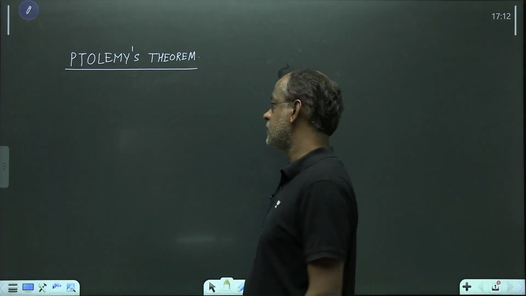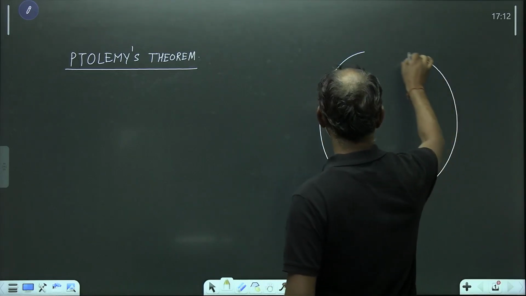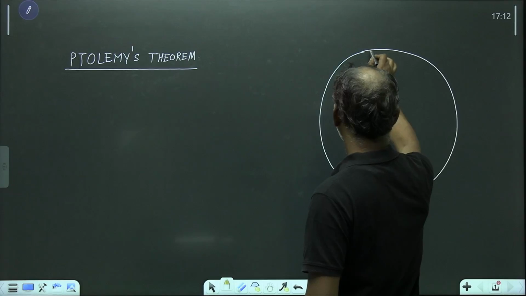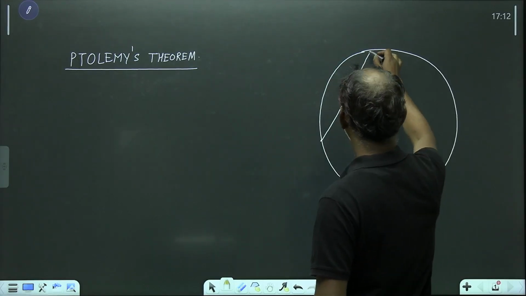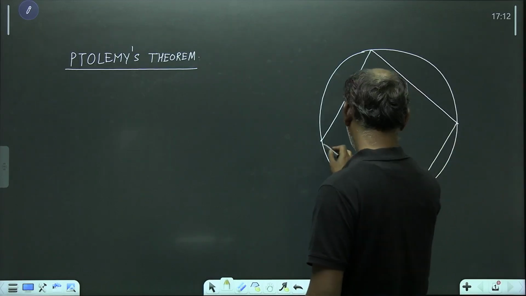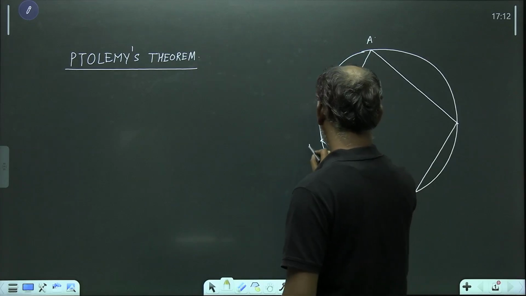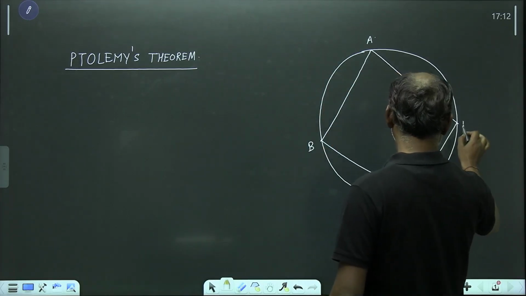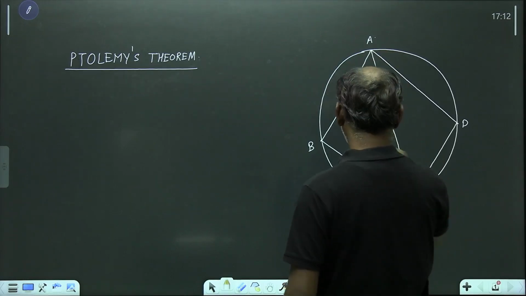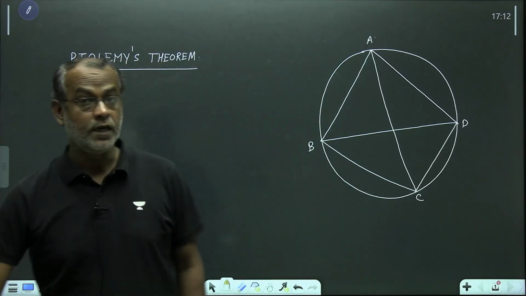So, what does Ptolemy's theorem state? That in a cyclic quadrilateral, the sum of the product of opposite sides is equal to the product of the diagonals.